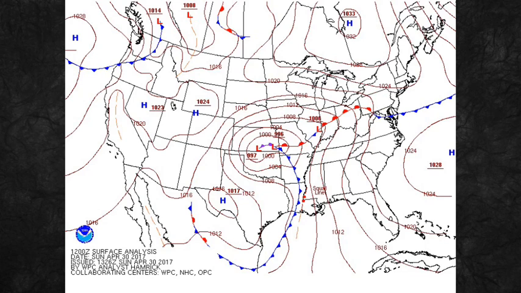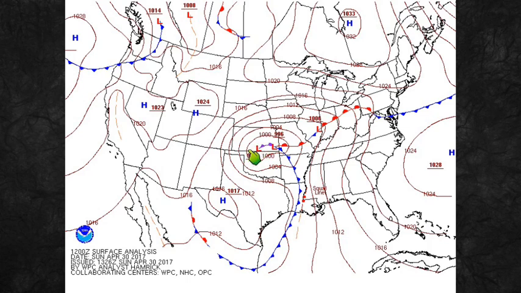Now, the other thing to note is that places where the contours are close together are places where the pressure value changes very quickly as we go from one place to another. If I start in the center of my low pressure region, where the pressure was 996 millibars, and go towards the west, I'm going to cross these contours very quickly.